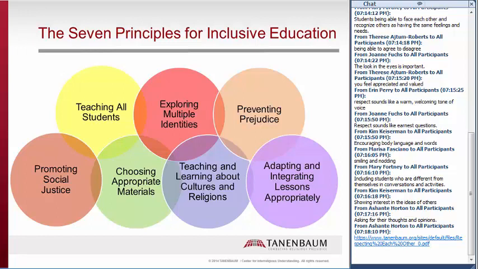The 7 principles you see on the screen: teaching all students, exploring multiple identities, preventing prejudice, promoting social justice, choosing appropriate materials, teaching and learning about cultures and religions, and adapting and integrating lessons appropriately.